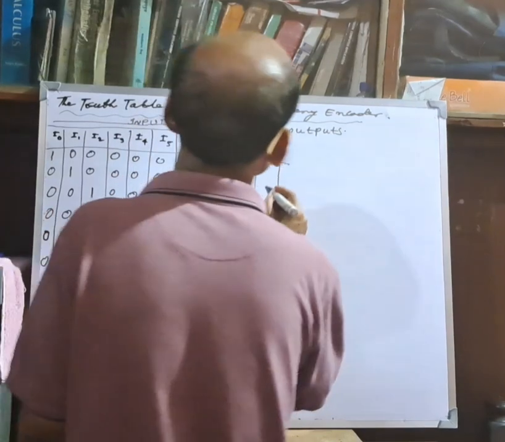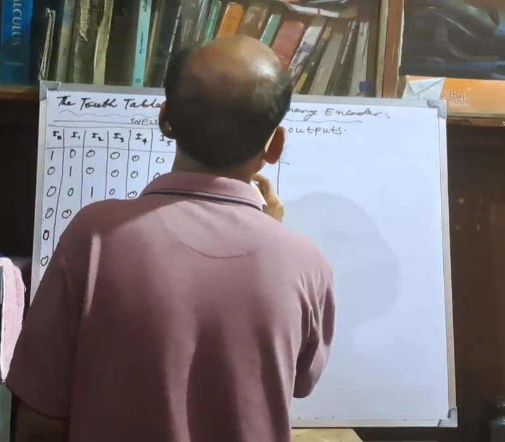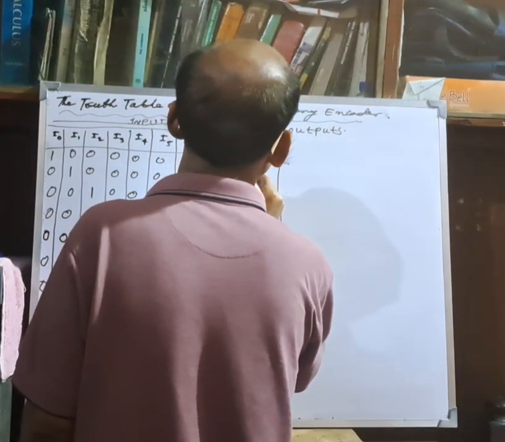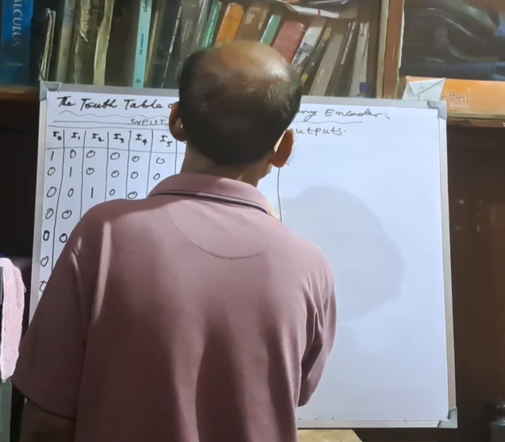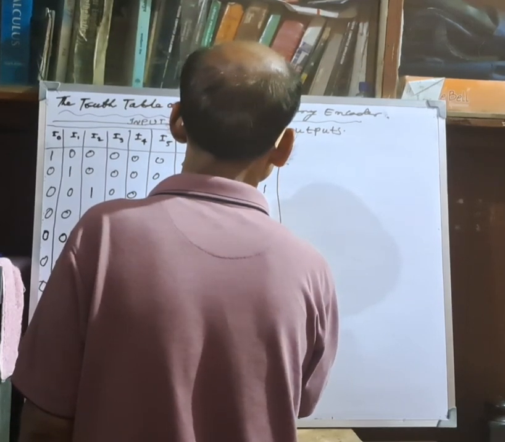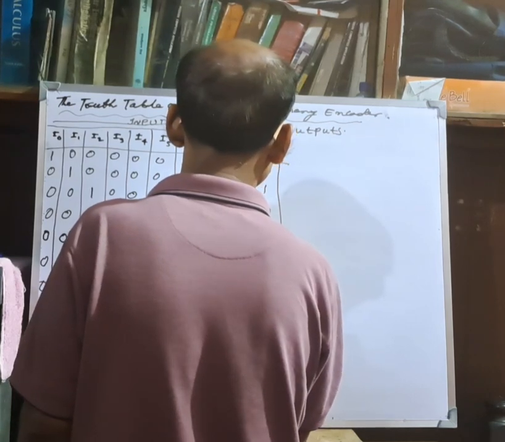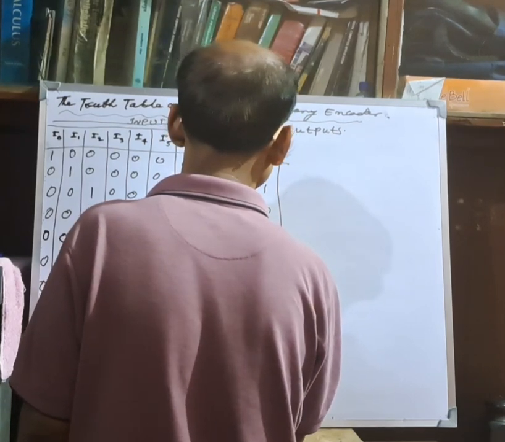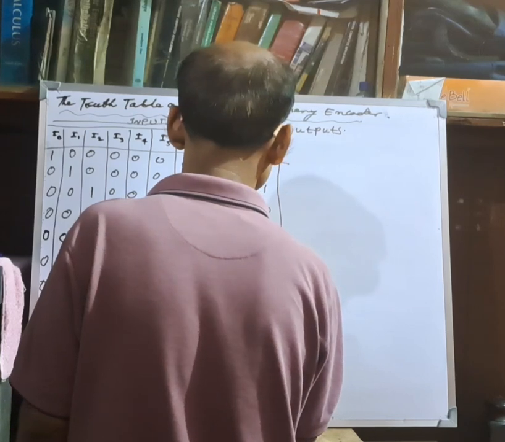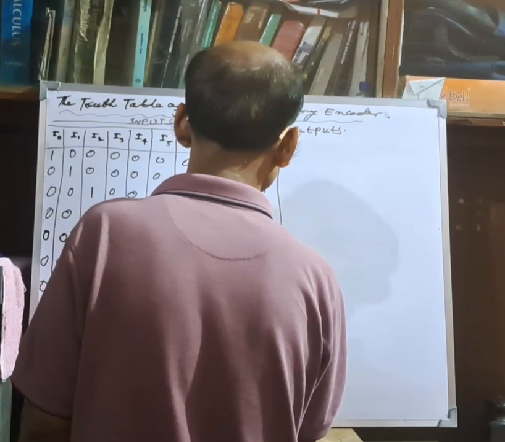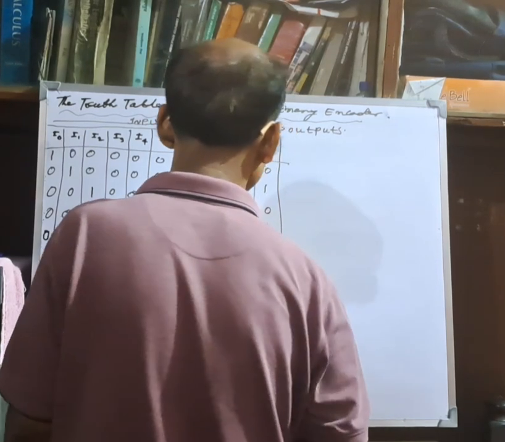And this will be here 000, 001, 010, 011, and this is 100, and this is here 101. Fine.